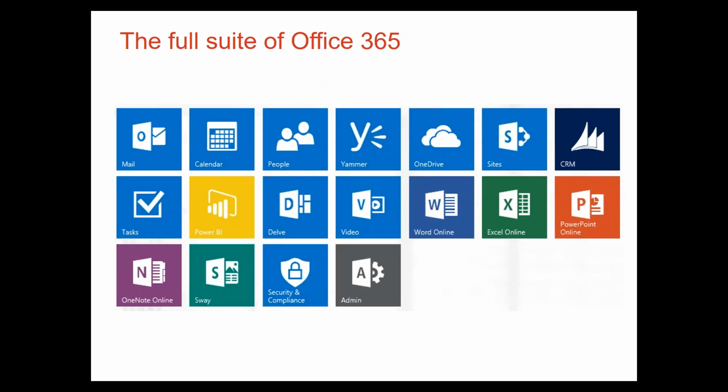OneDrive and SharePoint, where it says sites, is for document management, and some people use SharePoint for intranets and forms and processes as well. And then there are obviously the Word, Excel, PowerPoint, OneNote products, which many of you would have traditionally bought as a desktop product.